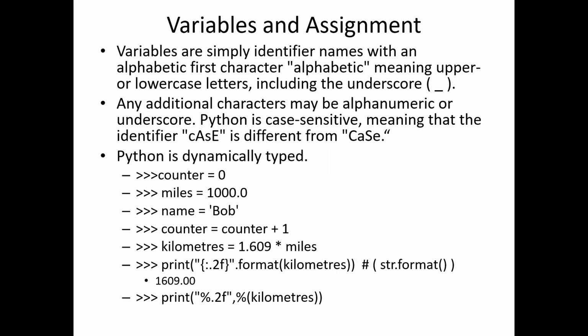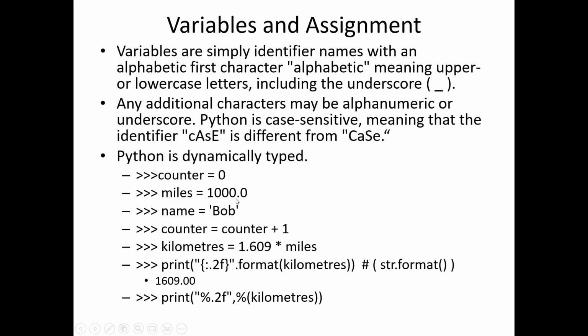If I say char A, A becomes a character variable. But this is not the case with Python. In Python, when you assign the value to the variable, the data type of the value will automatically be assigned to that variable. So if I say counter is equal to 0, as 0 is of type integer, then counter becomes an integer data type variable.